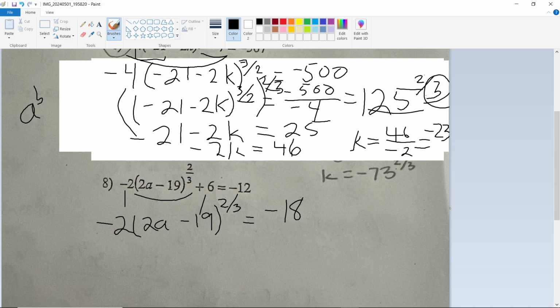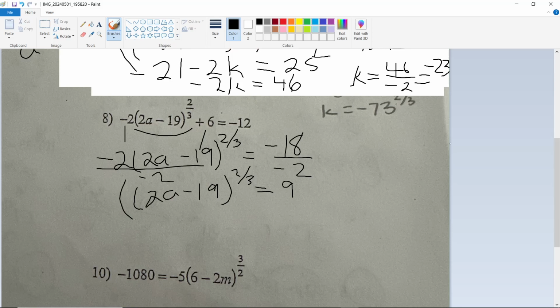I divide both sides by negative 2. And that gives 2a minus 19 to the 2/3 equals negative 18 divided by negative 2 is 9.